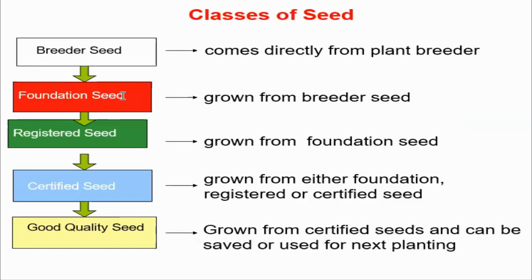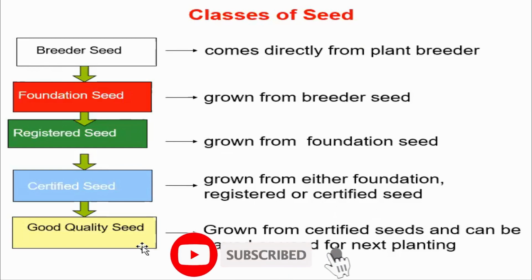The breeder seed of corn comes directly from the plant breeder, and you could be given a foundation seed for growing from the breeder seeds. Then if you plant the foundation seed, it will become registered seed. From registered, you go for certified seed, grown from either foundation, registered or certified seed.